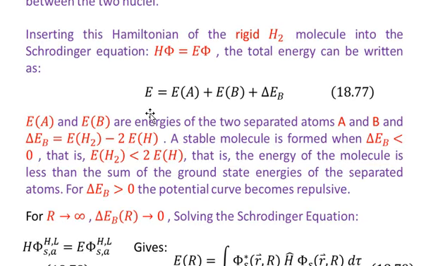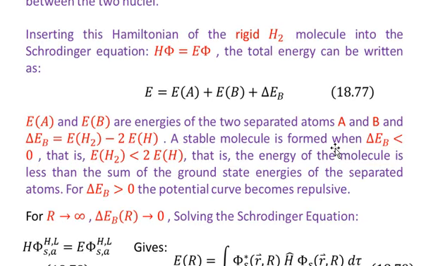So on the left hand side you have E of H2, and on the right hand side you have 2 times E of H. So ultimately delta EB can be written as E of H2 minus 2 times E of H.